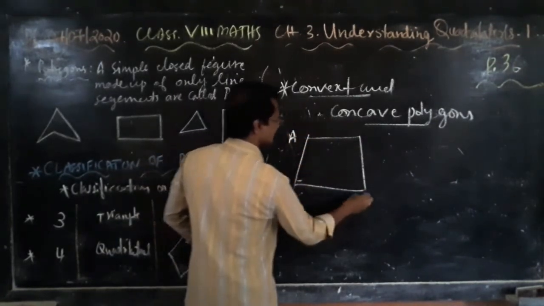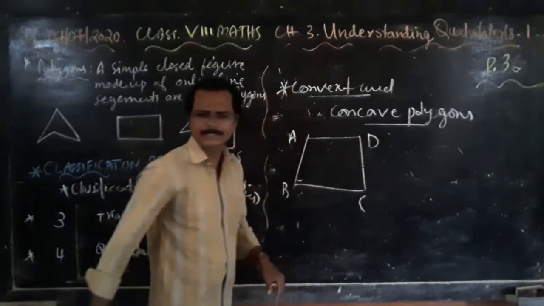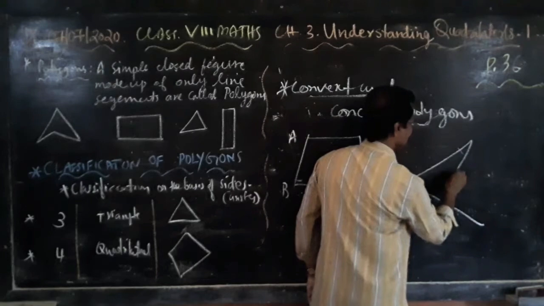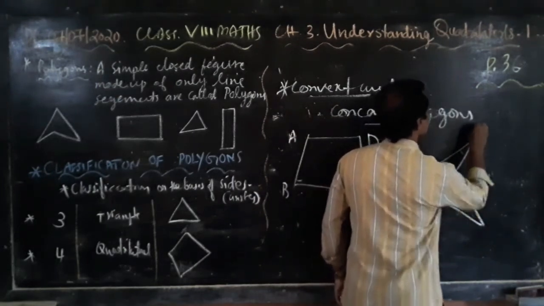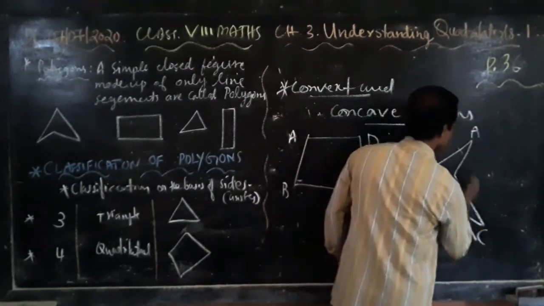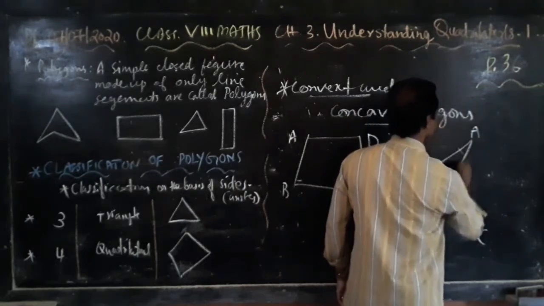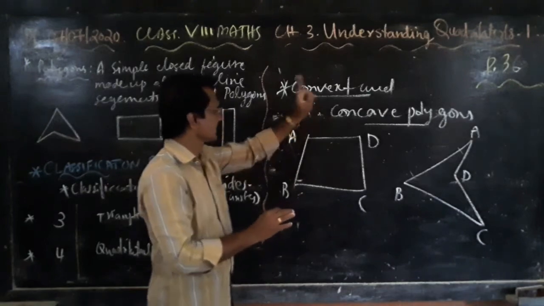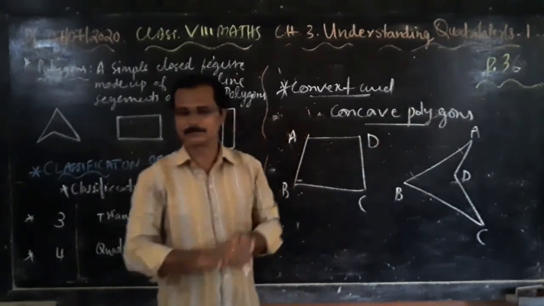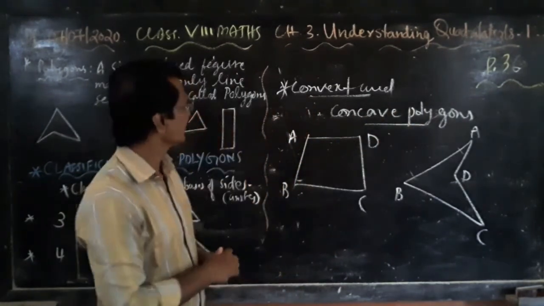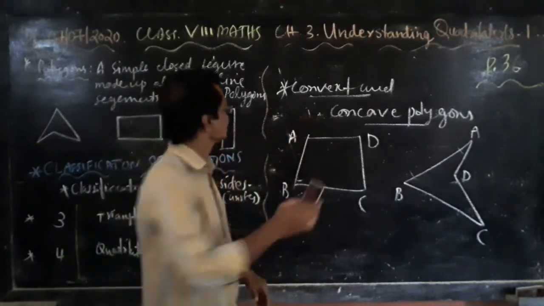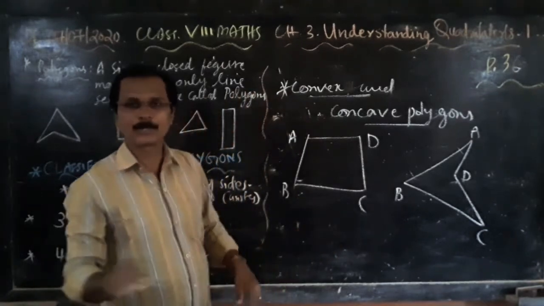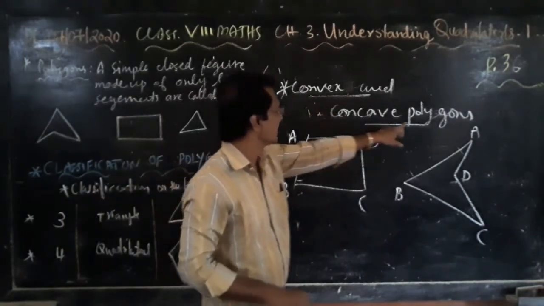ABCD is a quadrilateral. Now this is very simple. What is convex and what is concave polygons? Very simple. Convex and concave polygons.